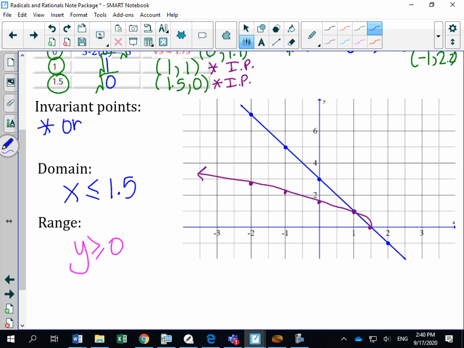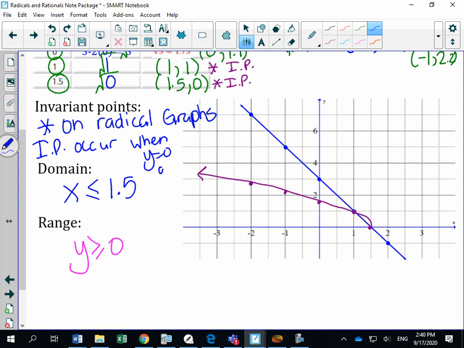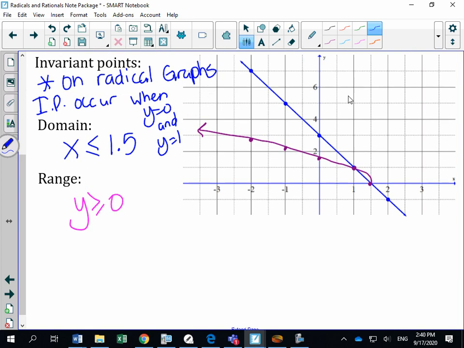The invariant points of my graph, I'm going to get you to write something about invariant points. So on radical graphs, invariant points occur when y is equal to 0 and y is equal to 1. So on all radical graphs, invariant points are going to occur when y is equal to 0 and y is equal to 1.